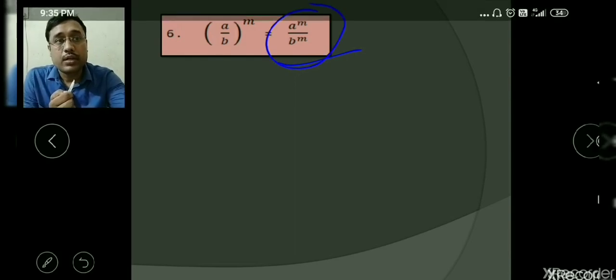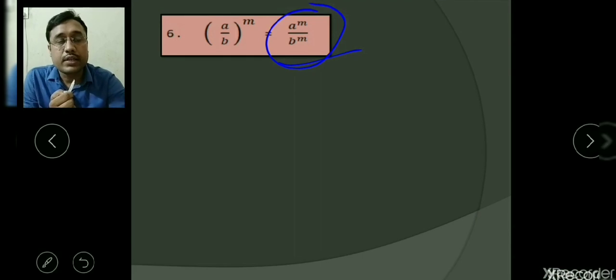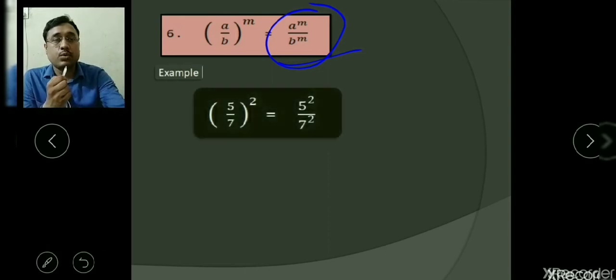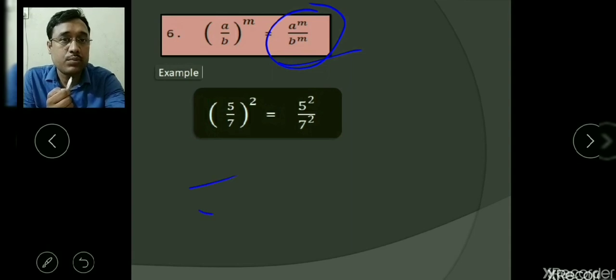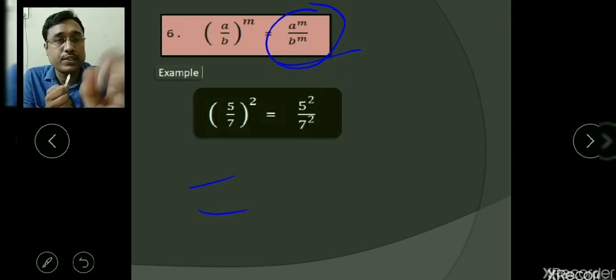Okay, so we can say that (a by b) raised to the power m is equal to a to the power m by b to the power m. For example, we can show this: 5 by 7 whole square is equal to 5 square by 7 square. This 2 power will come on 5 and 7 both.